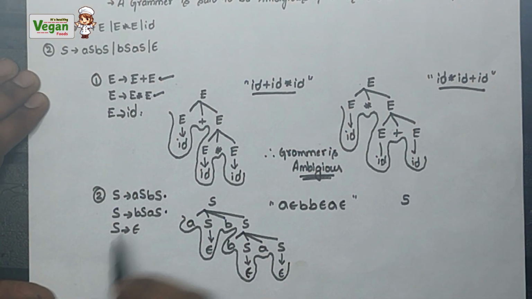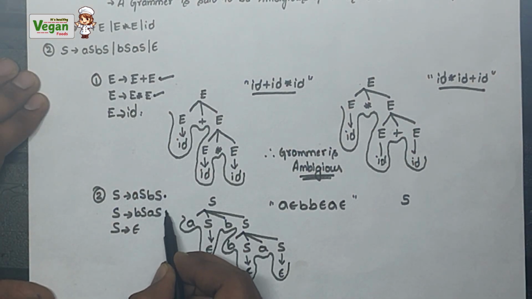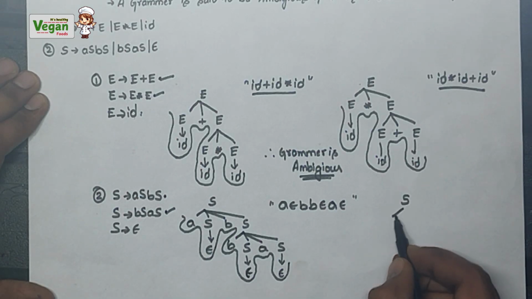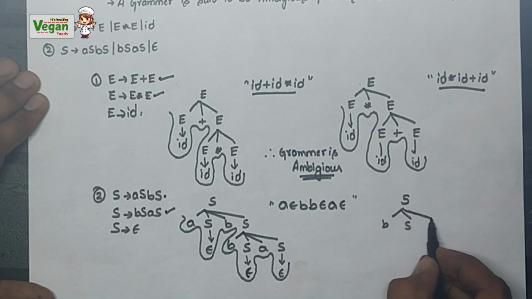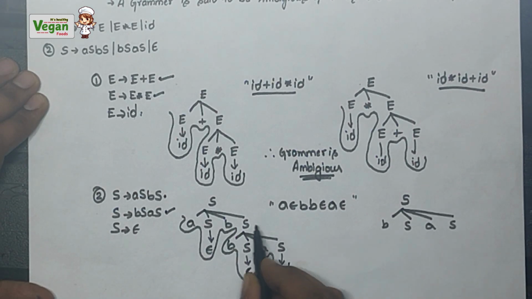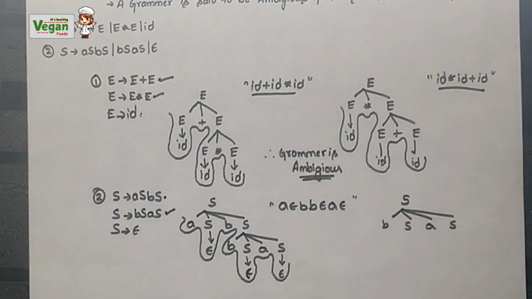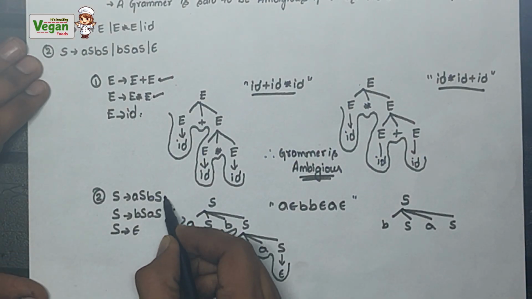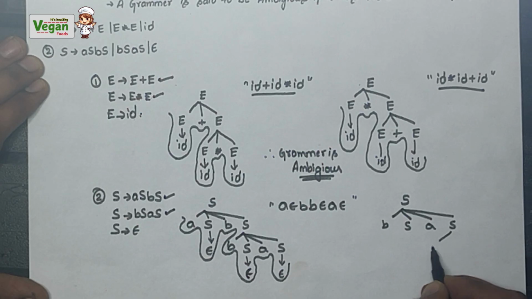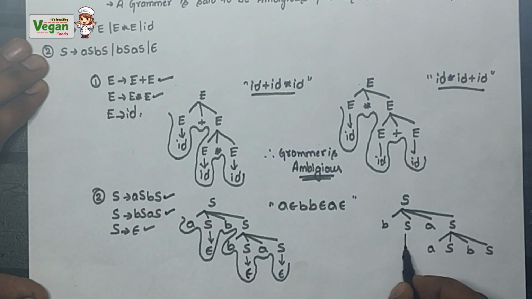The first time I took this one, so now I will take this production: B S A S. In the previous tree, whichever S you expanded, that one only you must expand. You can't expand the small letters, only capital letters. So now I will consider this production: A S B S. Now S will be replaced using epsilon.